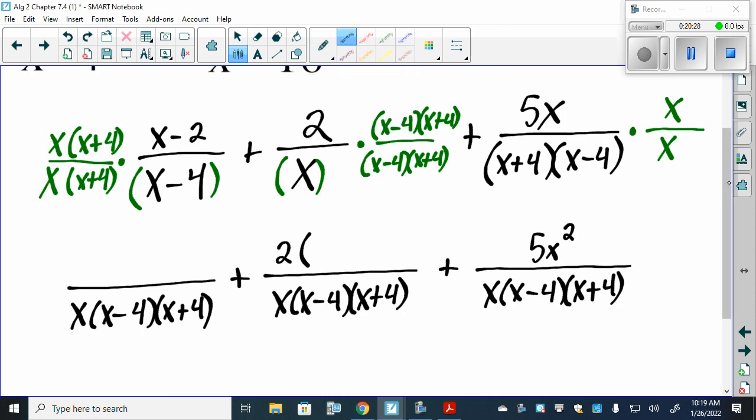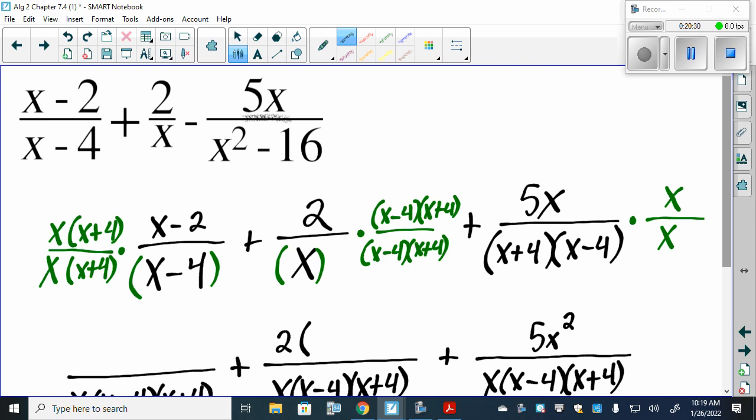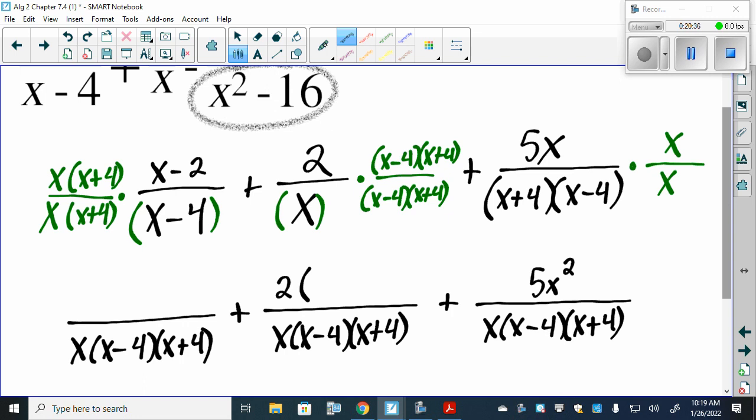We got it from this here, yes? Okay. Well, why not use that to our advantage? Because the top here is x minus 4 times x plus 4. Well, we got it from x squared minus 16, so I can fill that back in.